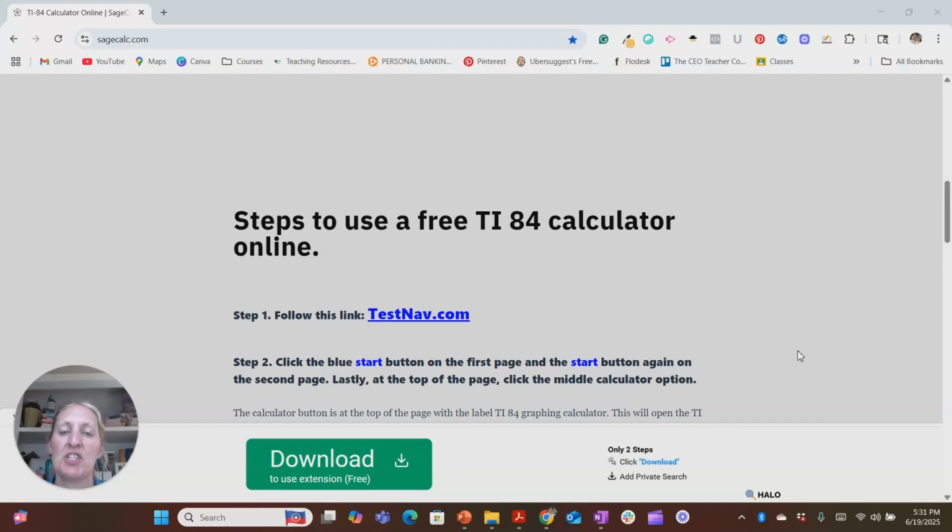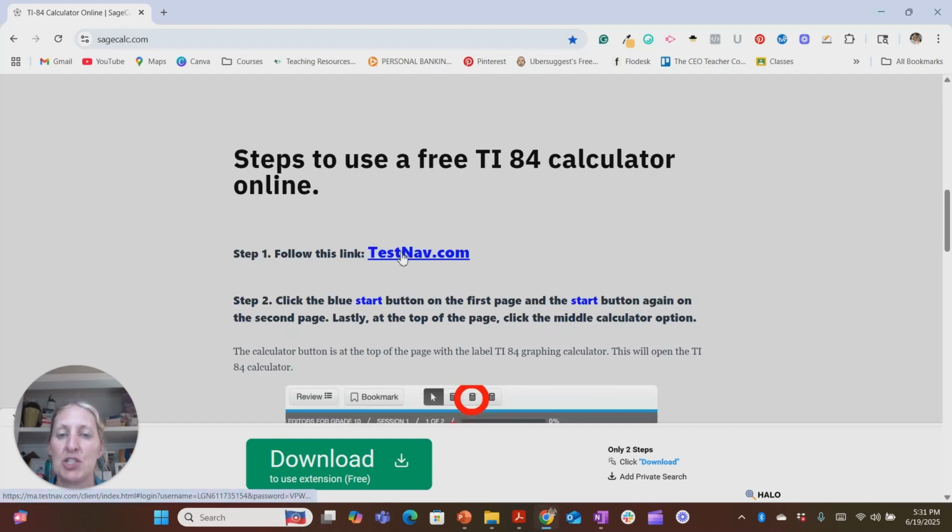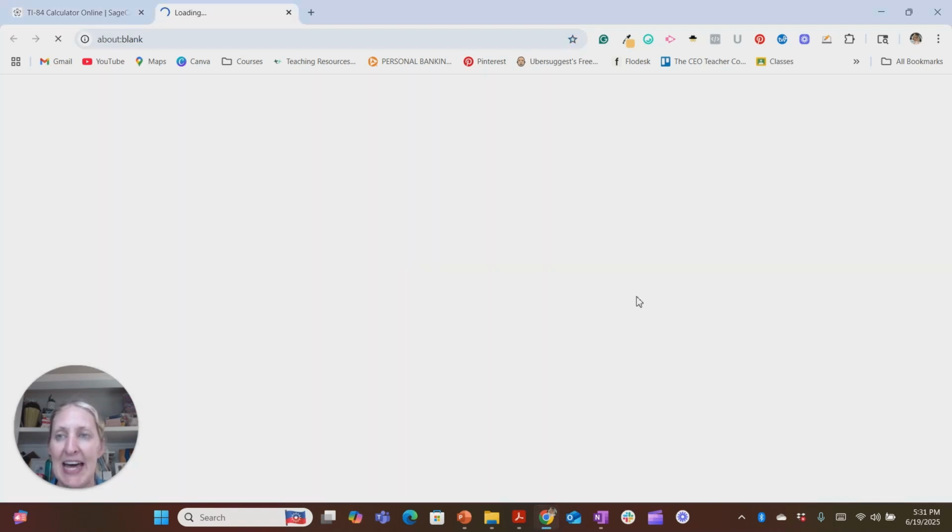Today I'm going to talk to you about using your TI-84 calculator on your middle school Praxis math test. So in order to practice using the calculator, you can go to this website right here, sagecalc.com, and then you're going to follow this link, testnav.com.